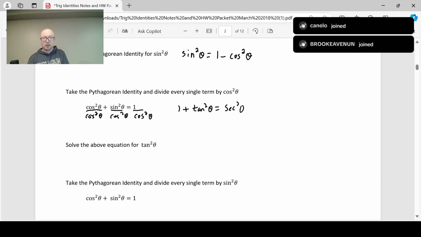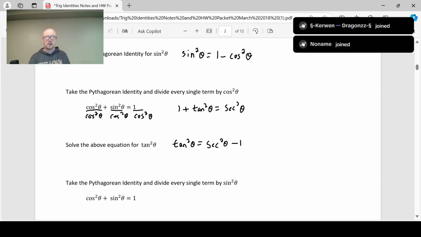So by a little manipulation of the Pythagorean identity, you can come up with another identity to use. Okay? So now it says solve this for tangent squared theta above. Well, we would get tangent squared theta is equal to secant squared theta minus 1.